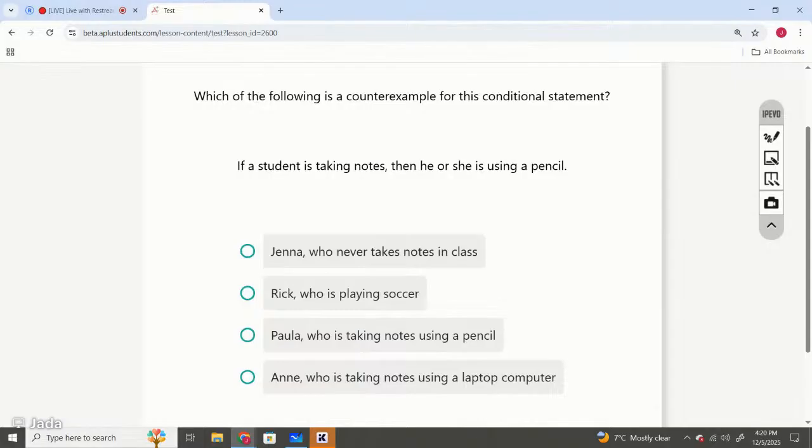Which of the following is a counter example for the conditional statement?